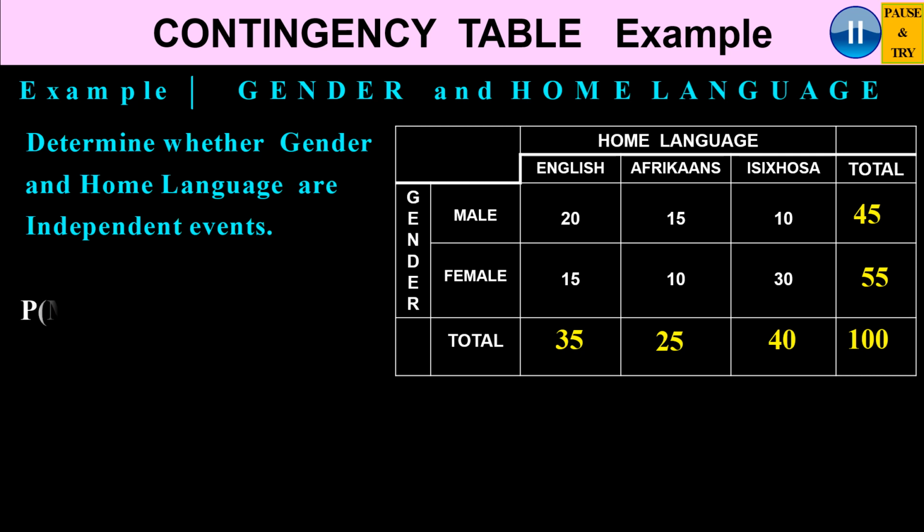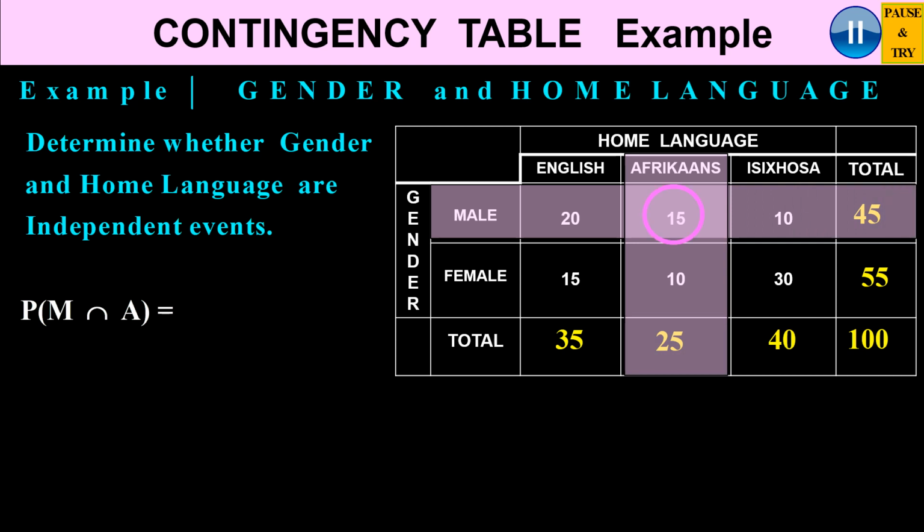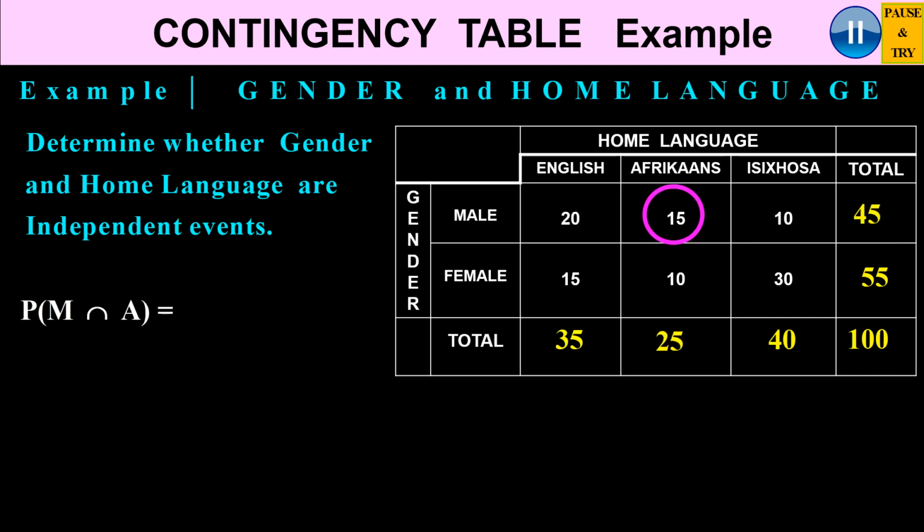Let's choose male and Afrikaans. So the probability of male and Afrikaans. There's male and Afrikaans. So there are 15 males whose home language is Afrikaans. So that probability is 15 over 100, which is 15%.